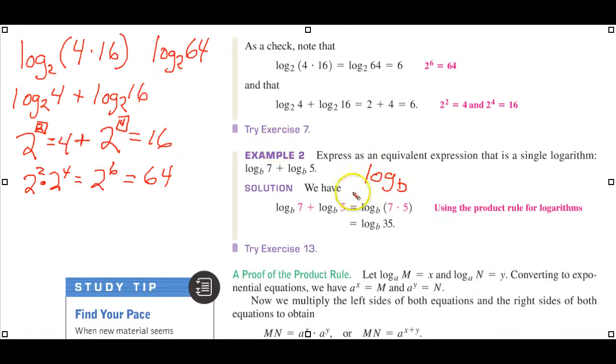Again, my computer's updating. 7 plus the log b of 5, and from this, up over here, we know we can just multiply the 7 and the 5 and get 35. We have made an equivalent expression that is a single logarithm. So we had this, and again, you're looking for strategy here. If you just multiply these, you get your answer. All right, let's move it up.